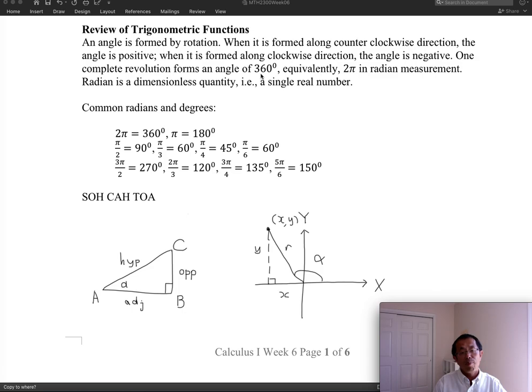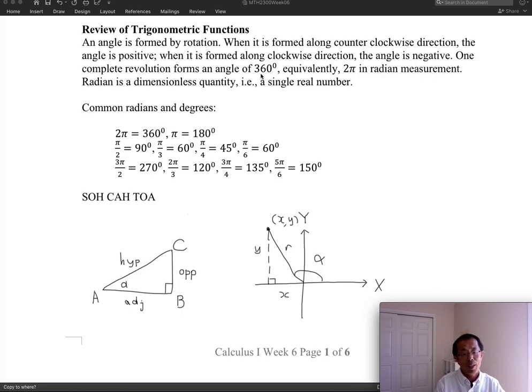More commonly, especially in mathematics starting from calculus, or in physics, in the scientific world, when we talk about angles, we use the radian measurement. A radian measurement is a dimensionless quantity, which means it is really a single real number.